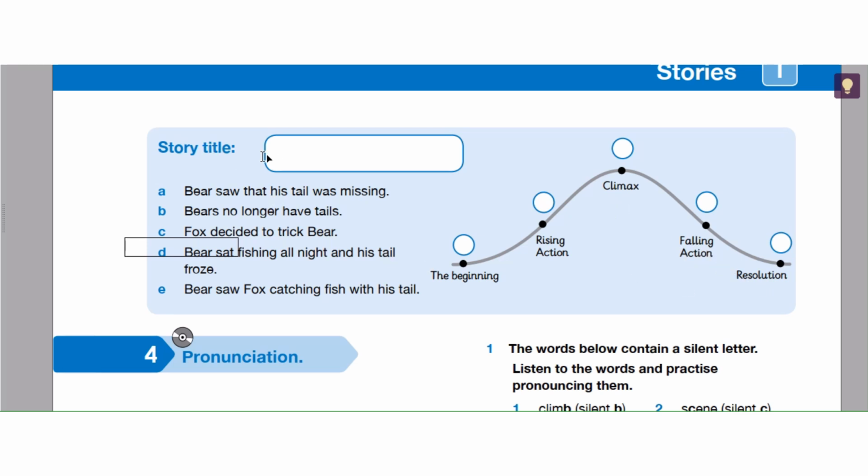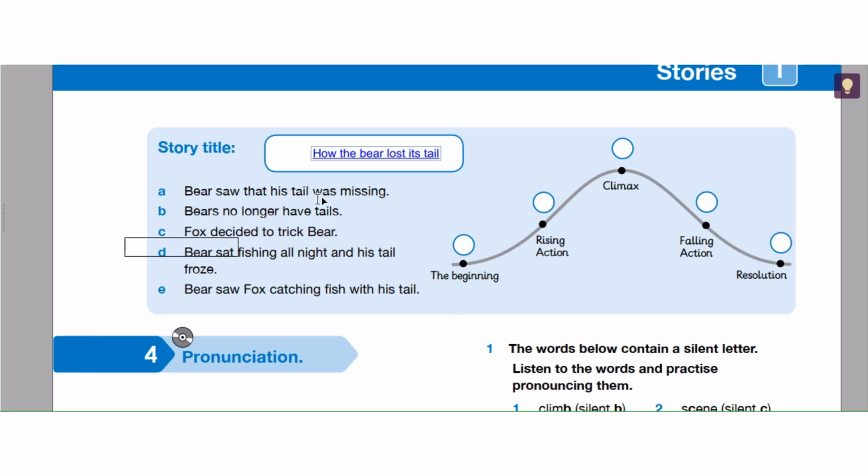First, what is the story title here? How the bear lost its tail. Very good. Where is the beginning here?